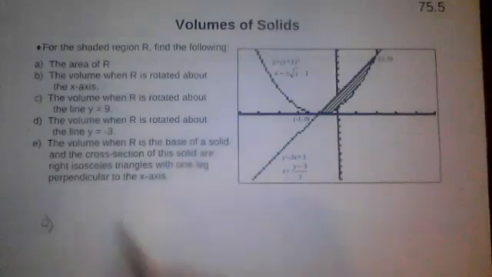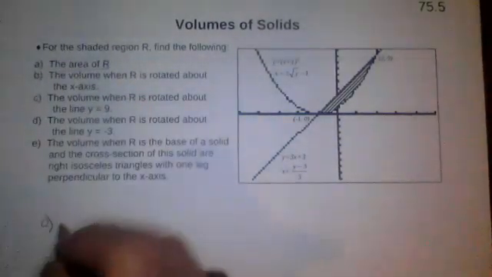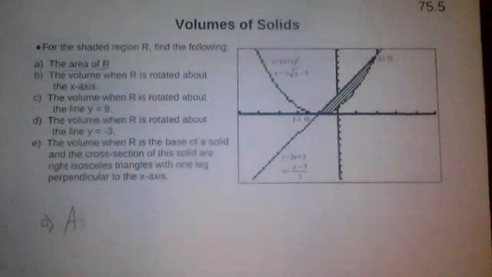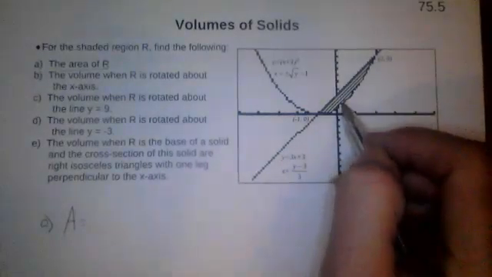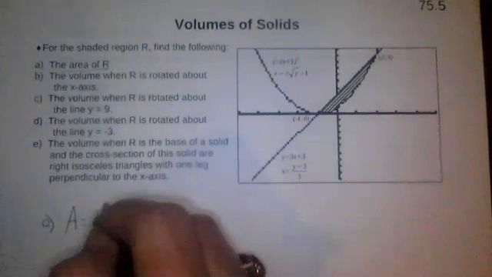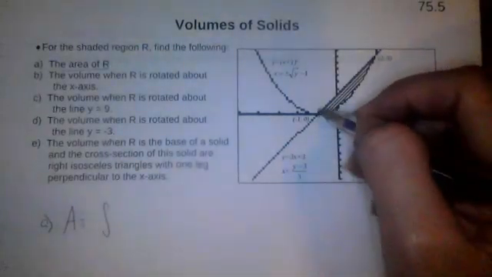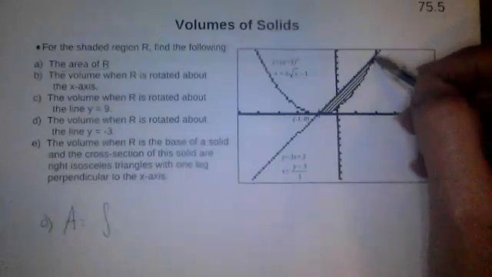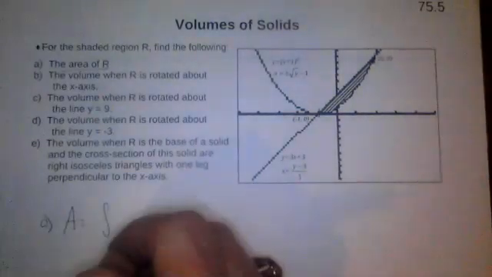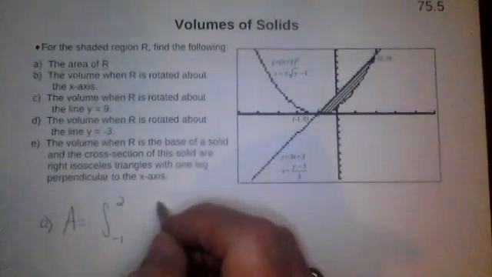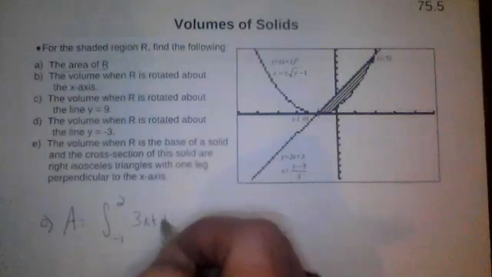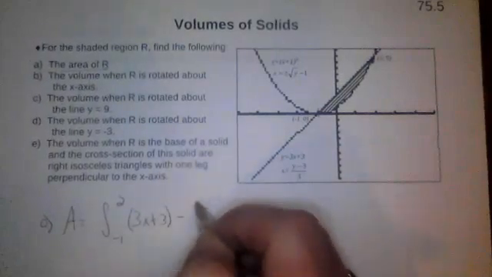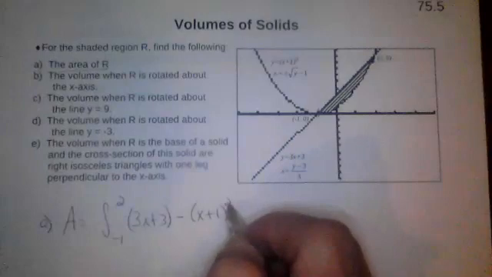Part A wants us to find the area of R. So to find area, it's top curve minus bottom curve. In this case, it would be the line minus the parabola. So it's going to be the integral from, and they intersect at -1 and +2, so from -1 to +2 of top curve, which is our line, 3x plus 3, minus our curve, x plus 1 squared.